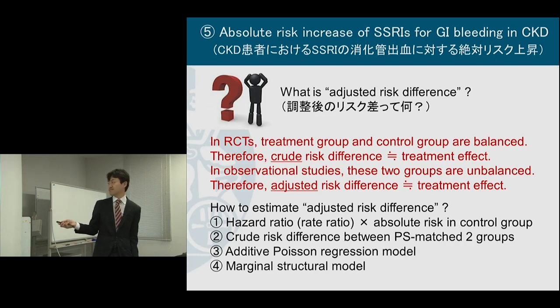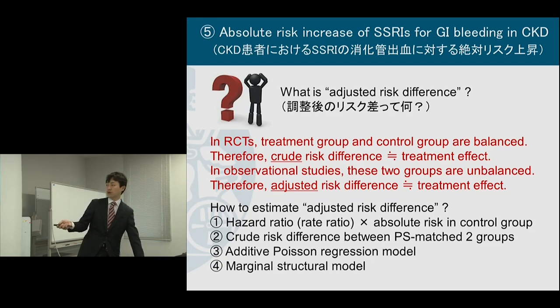But in my study, this was not useful, because to use propensity score matching, you have to calculate the propensity score at one single point in time. But in my study, one patient could have both periods with and without SSRI. So calculating the propensity score every time for individual patients was difficult, not realistic. So this was not available to me.